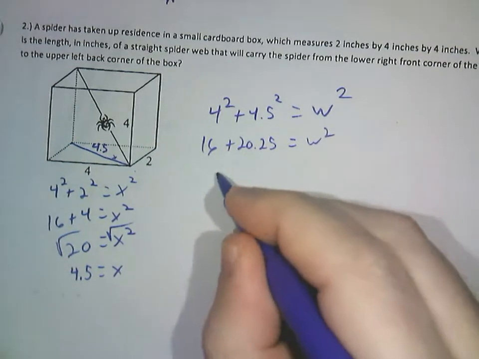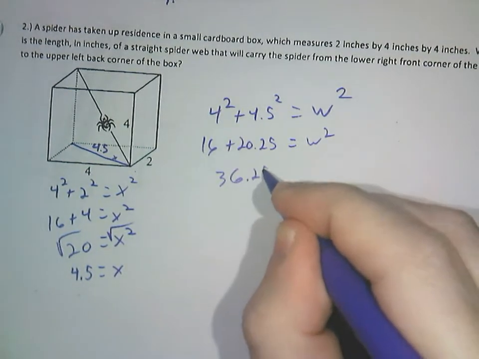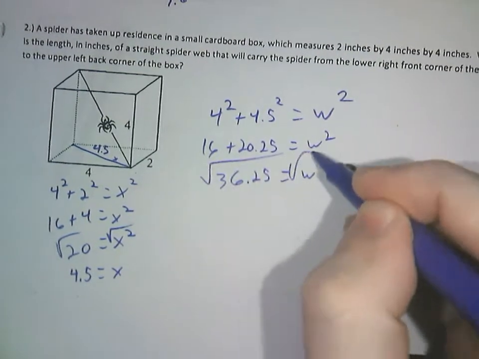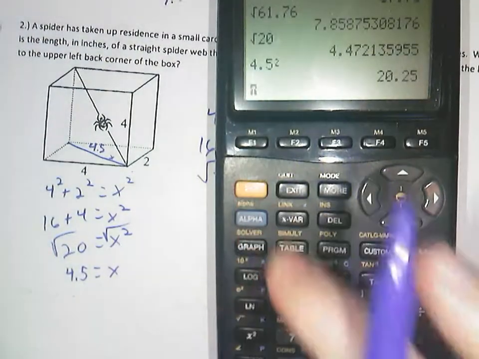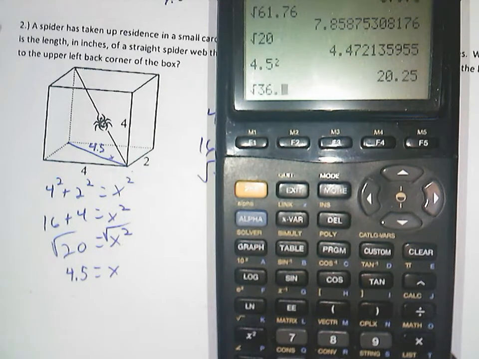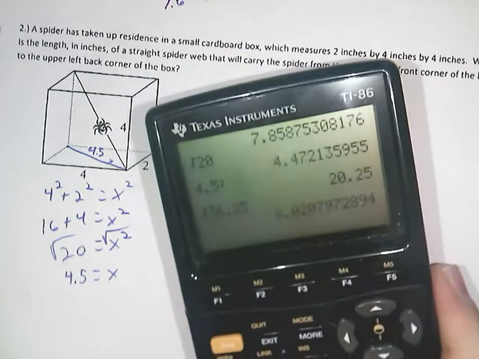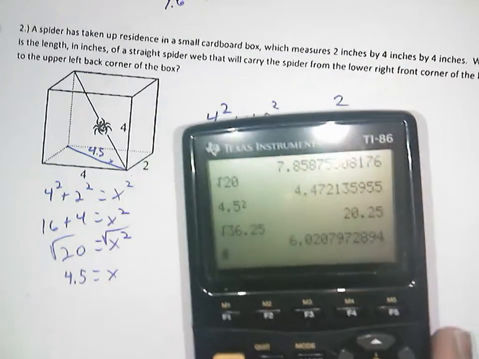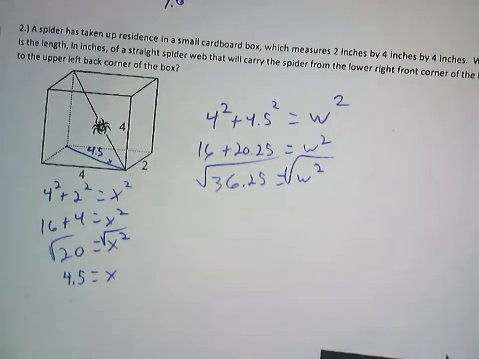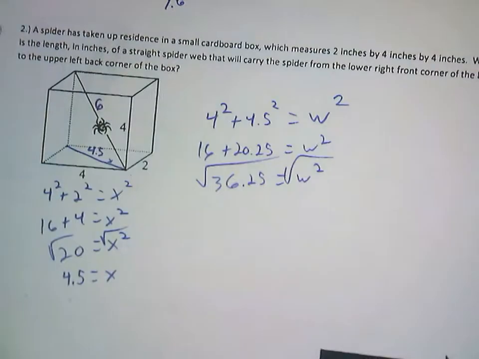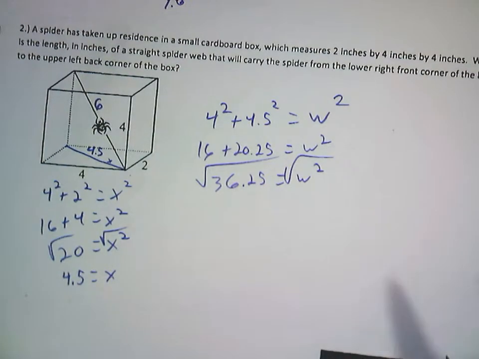Add them together, I get 36.25 is equal to W squared, and the last thing we do is square root. The square root of 36.25 is going to be 6.02079, and so on. So we're going to round that to 6.0, or just 6, I guess. So the length of this spider web is going to be 6 inches, right?